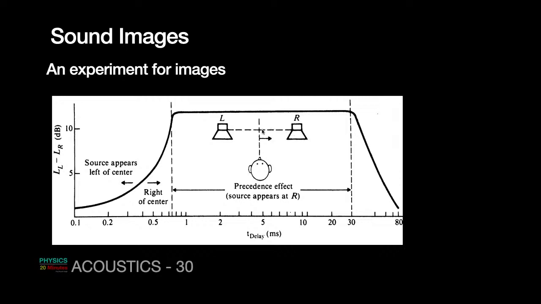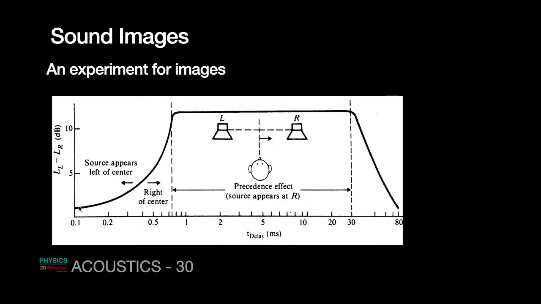It will come from the center from a single source, provided both the sources are equidistant, that is, there is no delay in the signal coming from any one of the sources, and both the sources have the same loudness. If you push L behind, that is, if you introduce a delay in the signal from L, then you can make L a little louder compared to the right side, so that the image will appear again at the center.